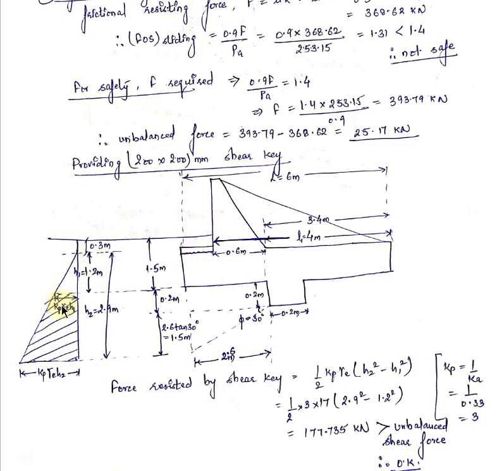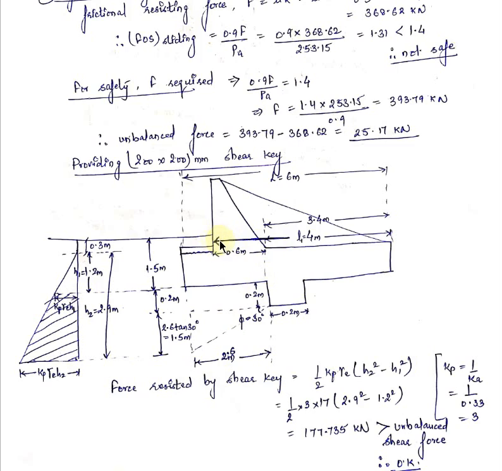So from this side, the soil exerts a passive earth pressure on this counterfort retaining wall. Whatever the retaining wall may be, whether it is a cantilever retaining wall or a counterfort retaining wall, whenever you provide a shear key, it starts to exert a passive earth pressure in the opposite direction. Now, how much passive earth pressure will it exert, and how do we calculate that?